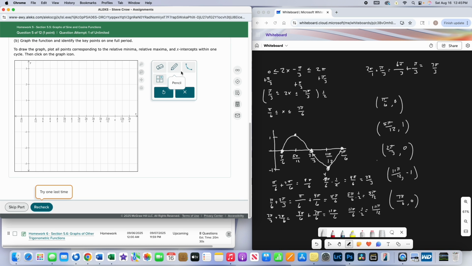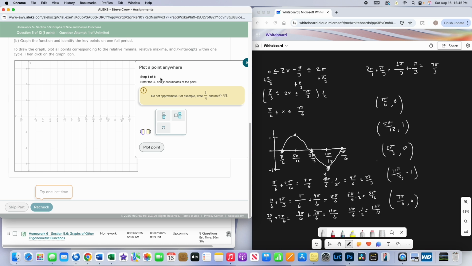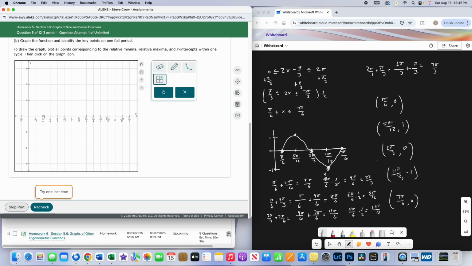So you come over here to ALEKS and you see the little coordinate system here. You click that and we're going to enter in a point. So we've got fraction, and then we've got pi over 6, 0, and we're going to plot that point. Okay, and you can see it puts like a little star there. I know it's faded, but if you close this, you can see it a little better, that little star there.